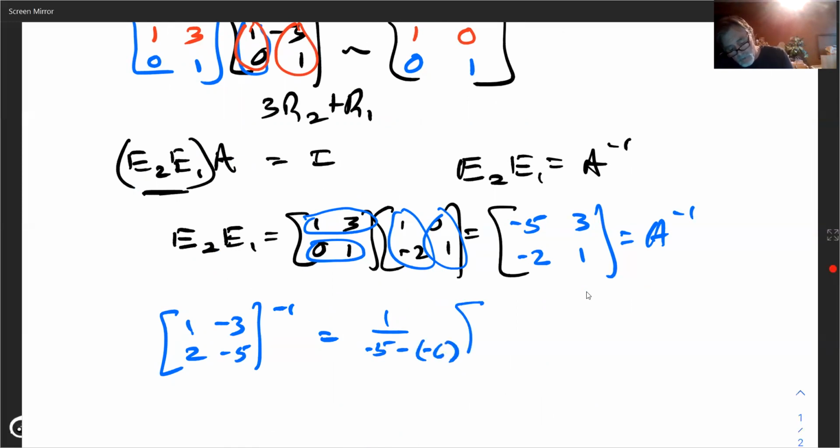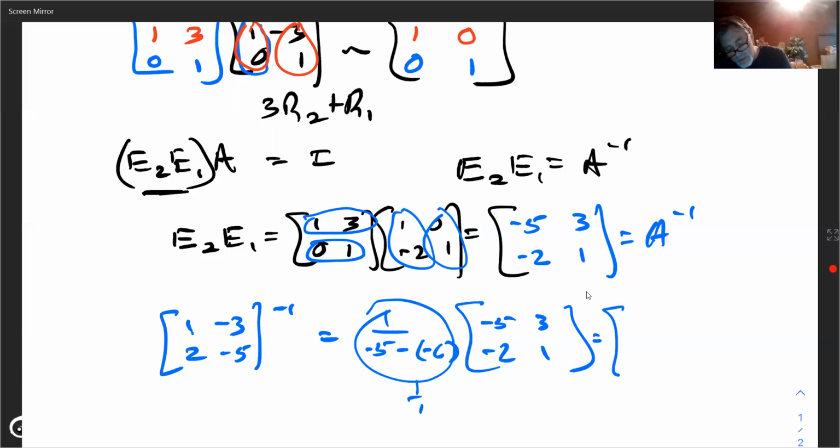And then remember what you do is you swap along the diagonal, negative 5 and 1, and change the signs, 3 and negative 2. And what we have outside is really just 1. All of this is just 1 over 1. So it's 1 and the matrix is negative 5. The inverse is this, this, this, and this. And lo and behold, it matches, doesn't it? So it is the inverse by that other axiom.